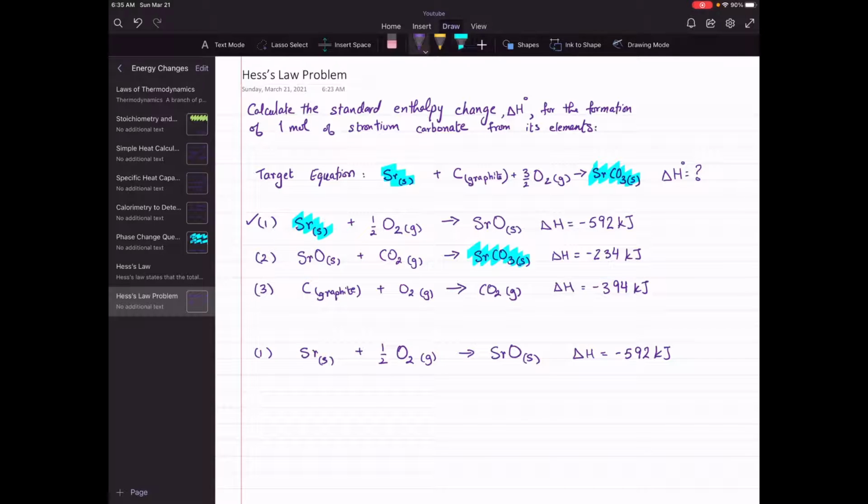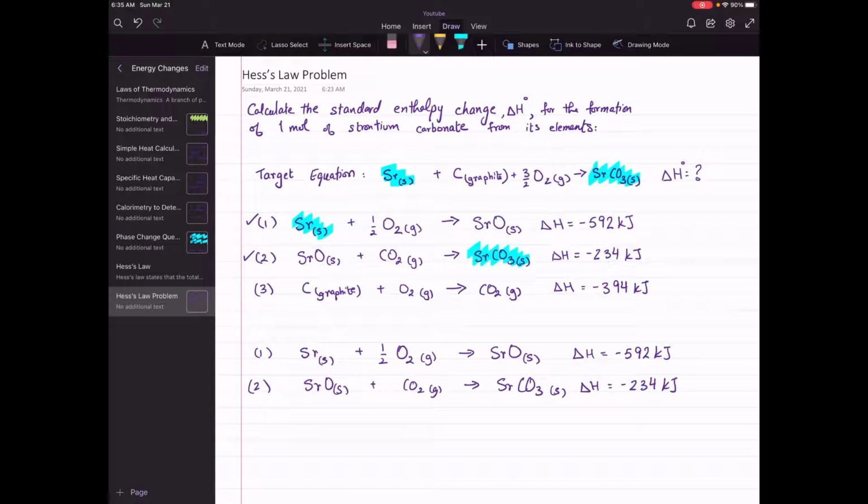So everything matches here. So I don't have to change my equation. I can keep it the way it is. So strontium oxide over here plus CO2 gas forms SrCO3 solid, and the delta H, since we did not alter the equation in any form, we will have the same delta H value of negative 234 kilojoules.